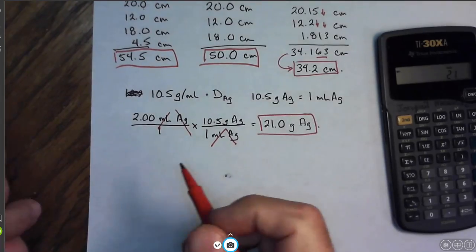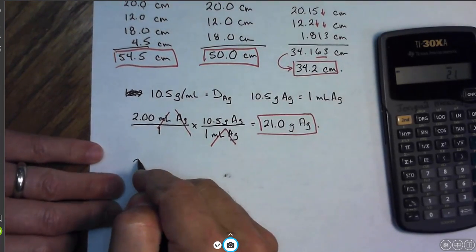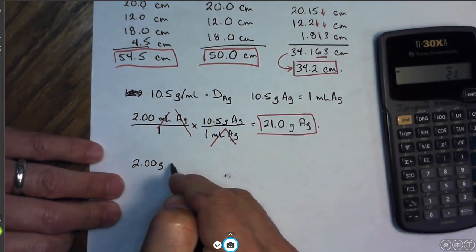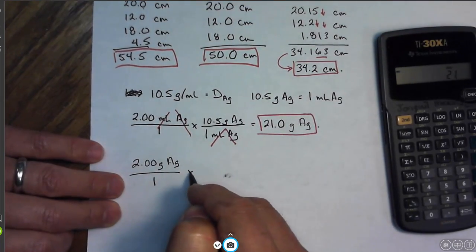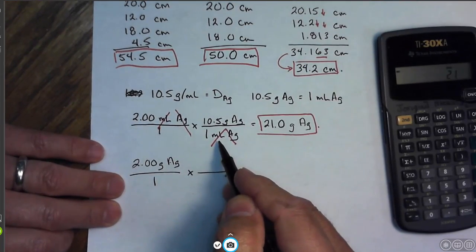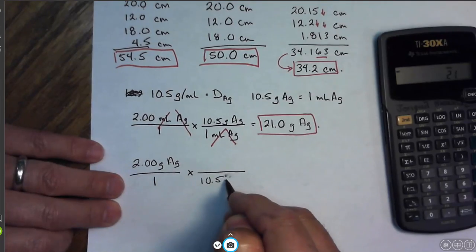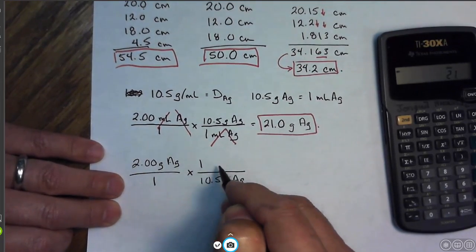Well, let's do that a little differently here, okay? Suppose I have 2 grams of silver. How many milliliters is that? Okay. Well, now I need to put grams on the bottom here, not milliliters. So the 10.5 grams goes at the bottom, and the 1 milliliter of silver goes at the top.